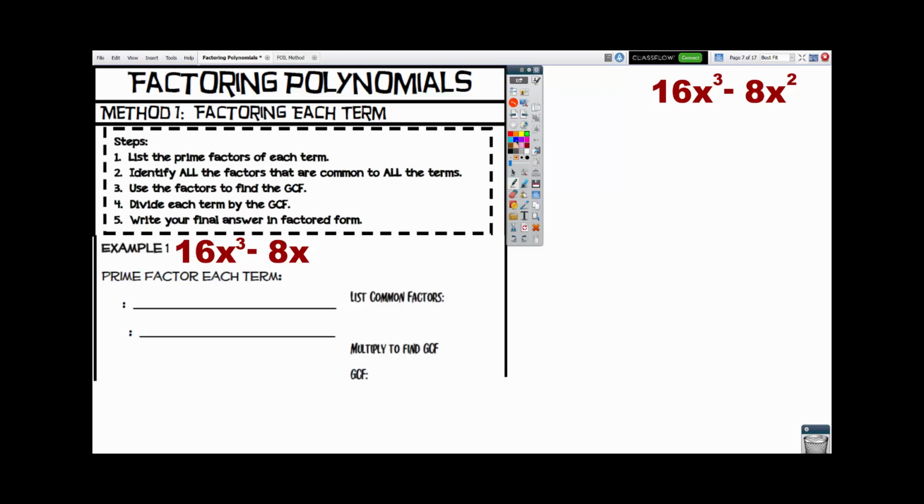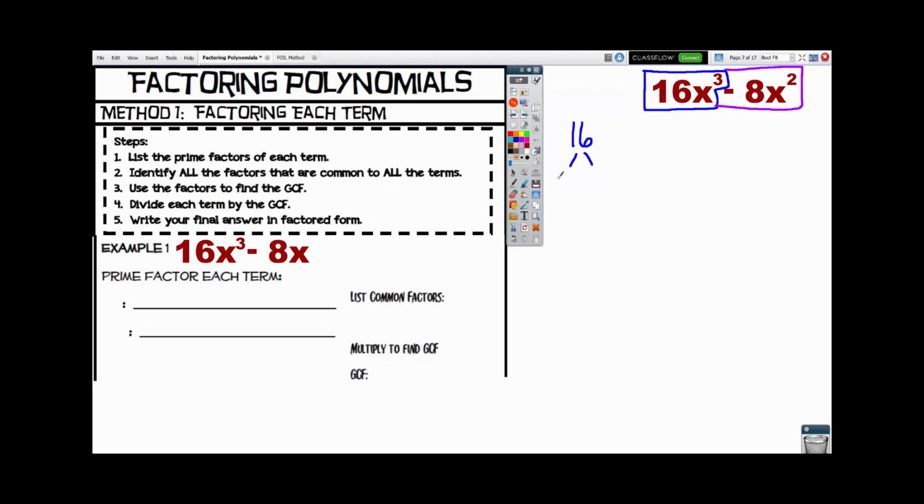Okay, so let's start with this term right here. I'm going to box both of these. And we are going to start with the coefficient of each term. So we will start with the 16, and we will factor this all the way down to prime numbers.